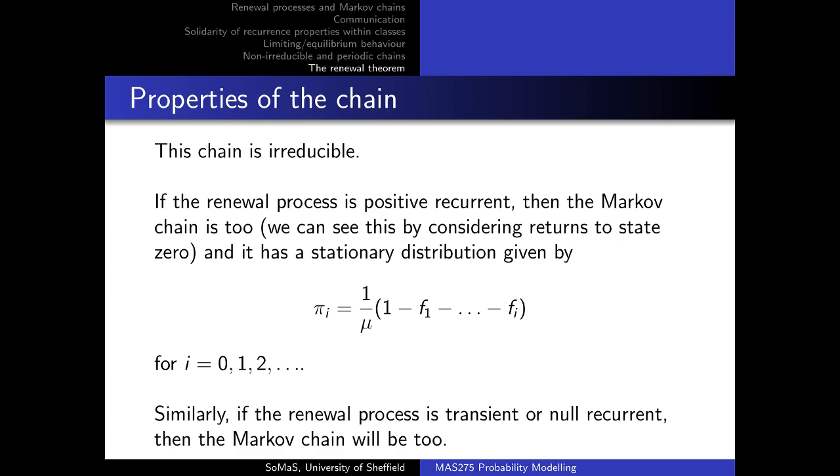And if the renewal process is transient or null recurrent, then the Markov chain is also transient or null recurrent. Null recurrent means the inter-renewal time has infinite expectation. And if you think about it, the inter-renewal time is exactly the return time to 0. So the return time to 0 has infinite expectation, which means null recurrent.